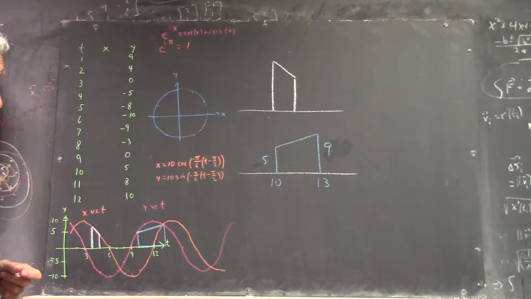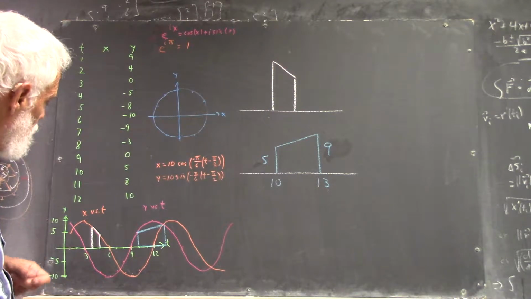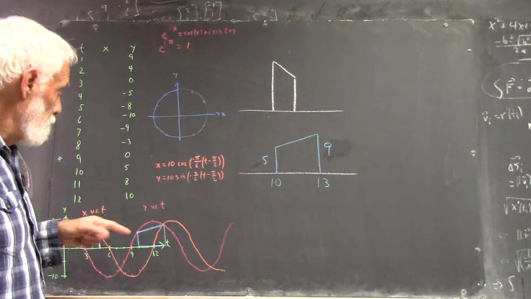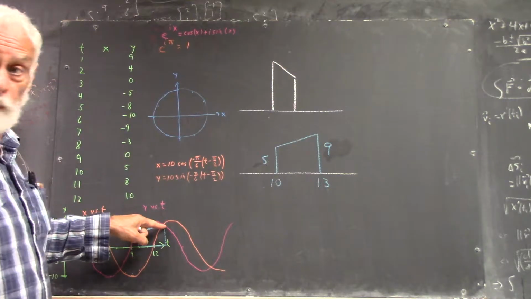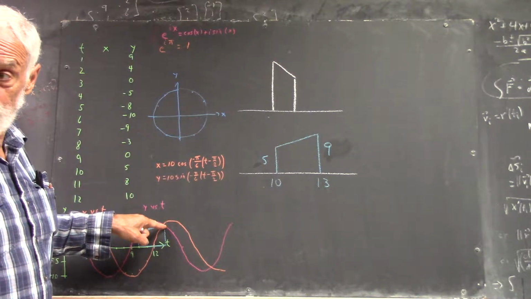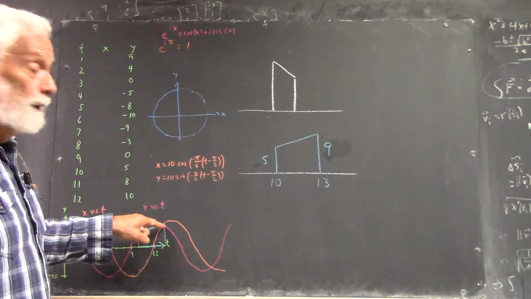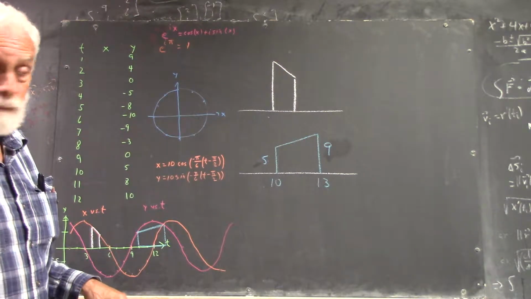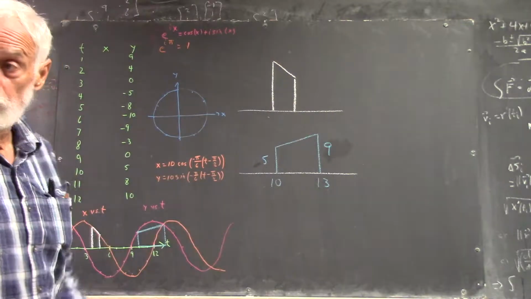So what I see is that the value of this function from here to here changes from 5 to 9, while the t value changes from 10 to 13.